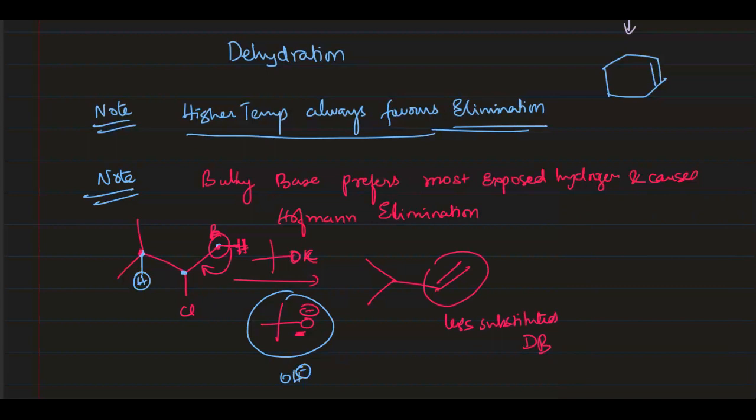You see, that means it's not very stable. But still, because this base is very bulky, this product will be the major. The minor product will surely come, which is this product, but this will be minor since the base is bulky. So this completes our discussion on elimination reaction.